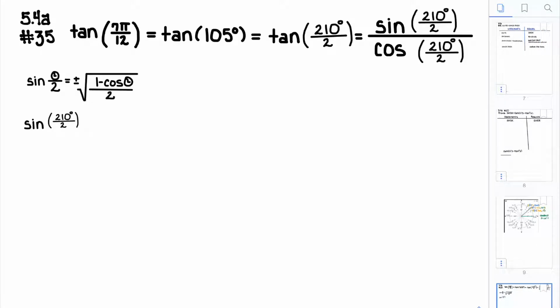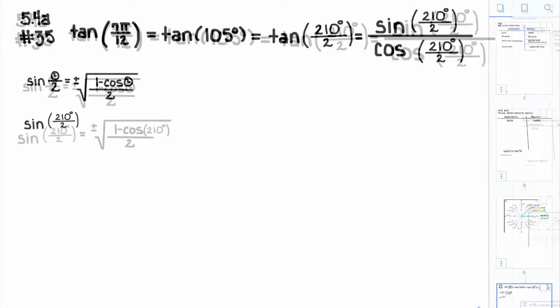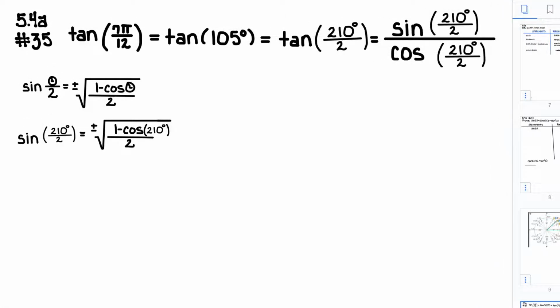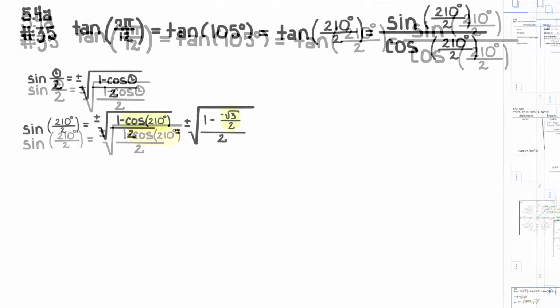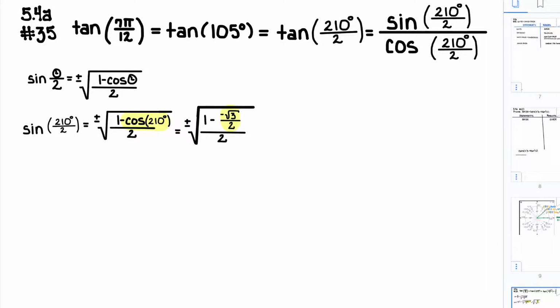Substituting in 210 degrees for theta, we get this. Now we can go to the unit circle to find the answer to the cosine of 210 degrees, which will be the x-coordinate at 210 degrees. The x-coordinate at 210 degrees is negative root 3 over 2.